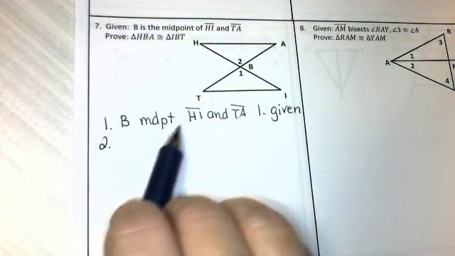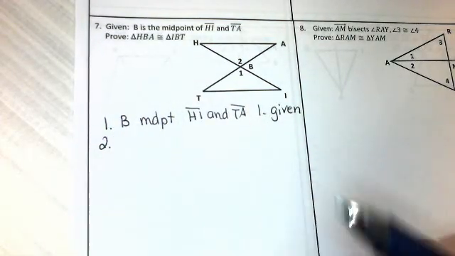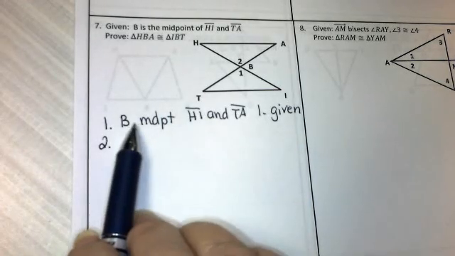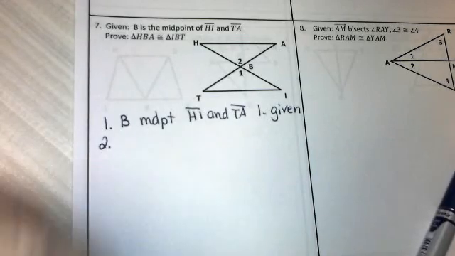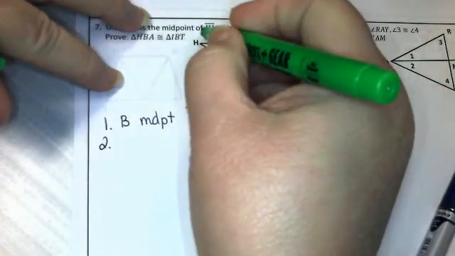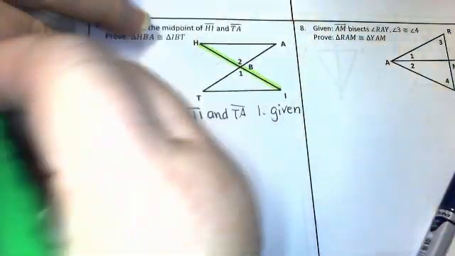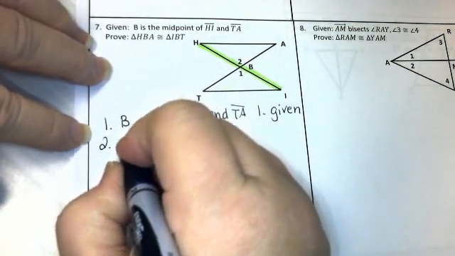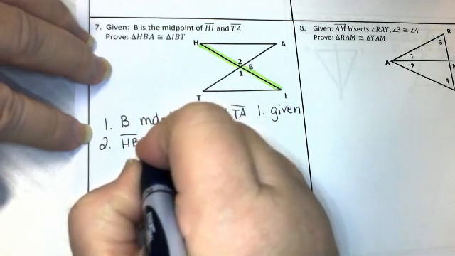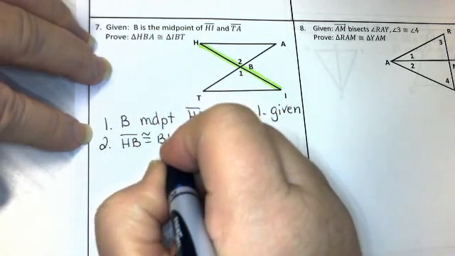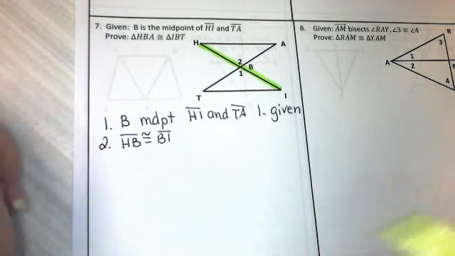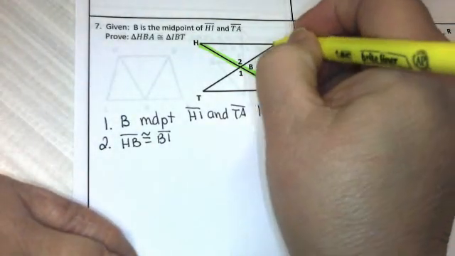Now, since they use the word midpoint in the given, I'm probably going to use the definition of midpoint in my proof. So if B is the midpoint of HI, what does that tell me? Well, if B is in the middle, that tells me that HB is congruent to BI. I'm going to continue with this midpoint idea.